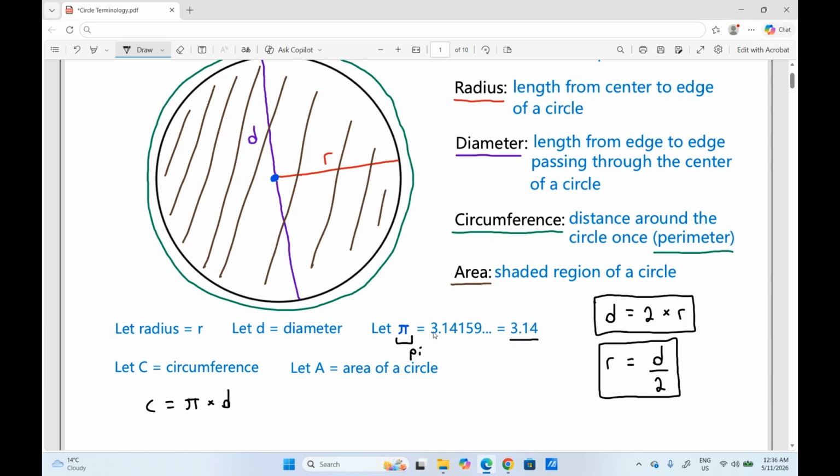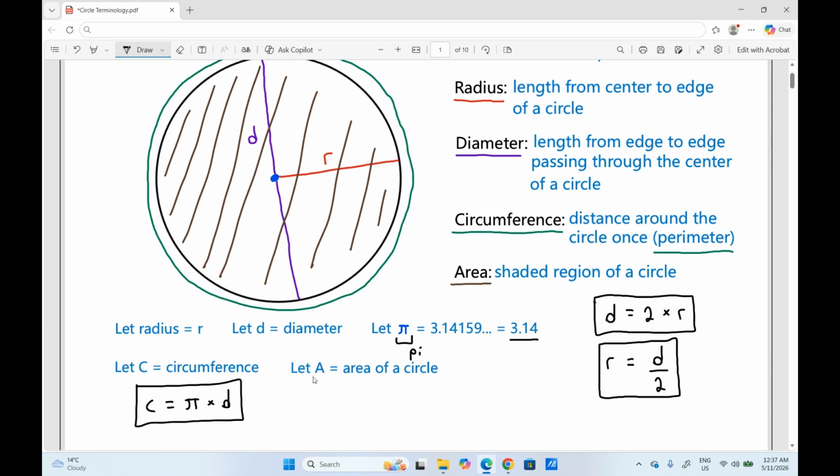But of course, pi would be 3.14159, etc., and it just keeps going on forever. But for simplicity, with our calculations that we're going to do in another video, we're just going to use pi as 3.14. But yeah, the formula to find the circumference, which is the distance all the way around the circle, is just pi times diameter.